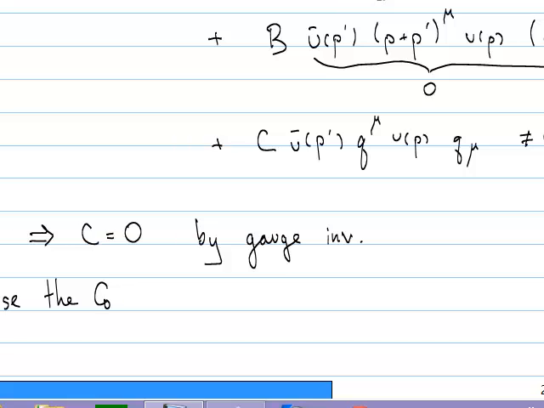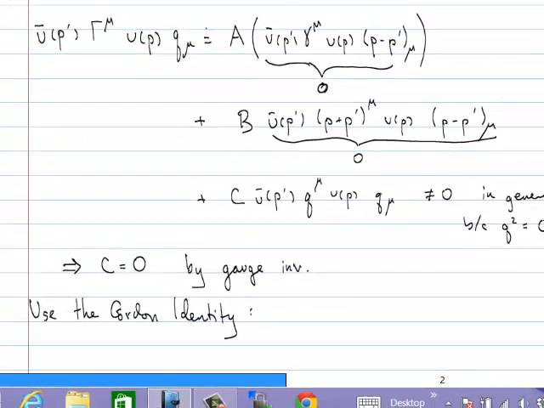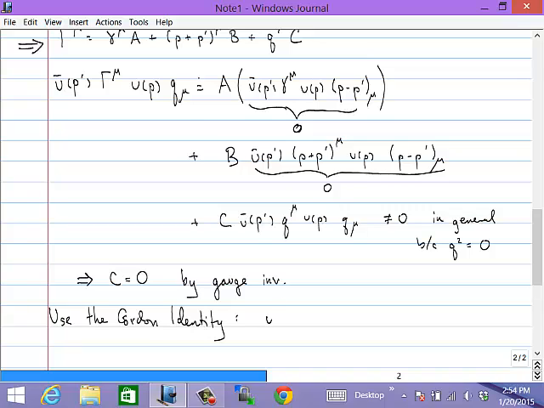So the Gordon identity is something you're going to prove on the next problem set. And it's the statement that if you take the gamma matrix and you sandwich it between any two of these constant spinors, u and u prime, then you can actually replace that gamma matrix by the following quantity.